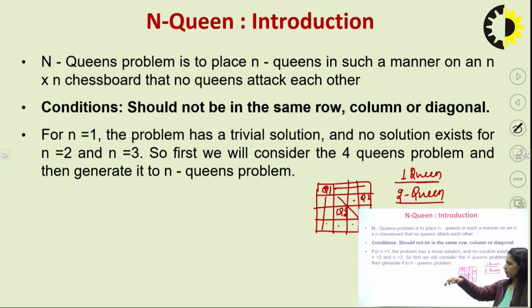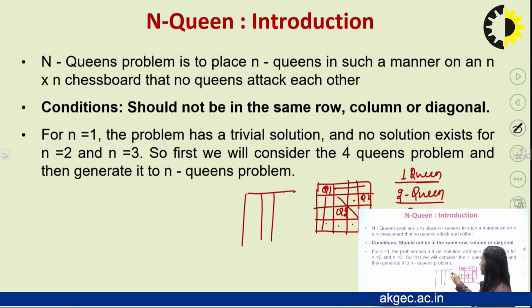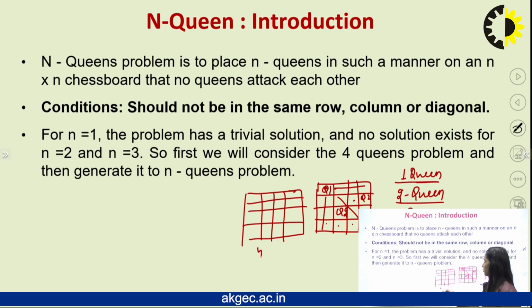If I take the condition for 3 queens, let's say this is my 4 by 4. If I want to place 3 queens, I can easily place 3 queens into this chessboard, no issues.